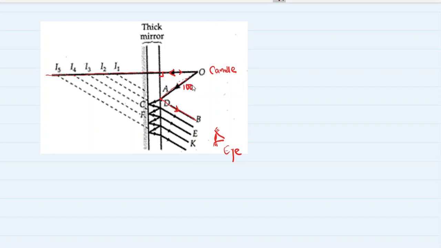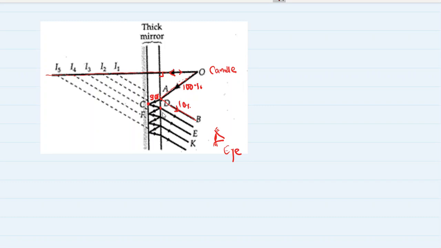Suppose 100% of light is coming from the candle, 90% of it goes inside. Only 10% of it reflects back and comes to our eye. This 90% refracted light hits point C and gets reflected back without diminishing its energy, and reaches this point.